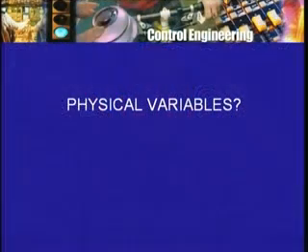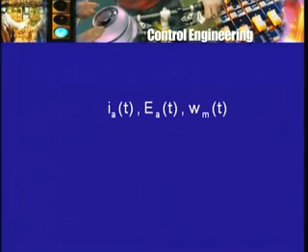What are the various physical variables that are involved in our model? Armature current, of course, Ia of t, the applied voltage Ea of t, the external DC power supply voltage that is applied to the armature winding, and the speed of rotation of the shaft omega m of t.